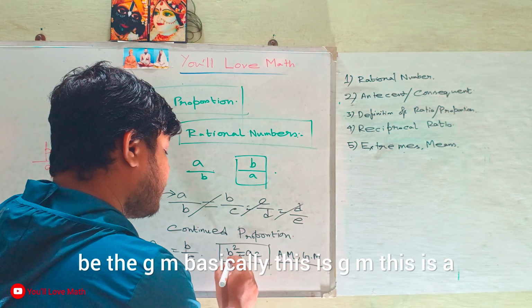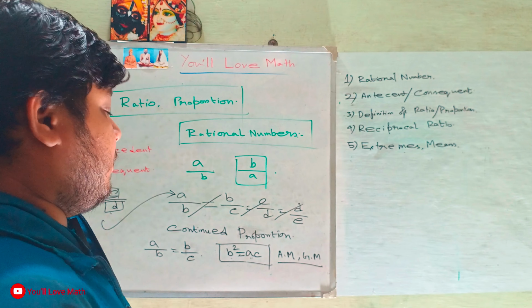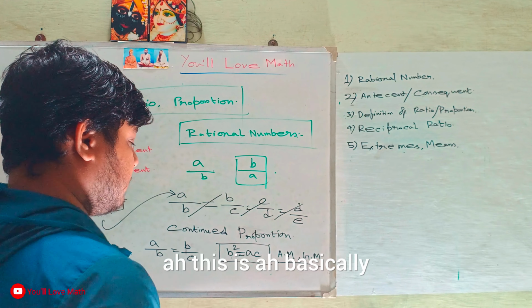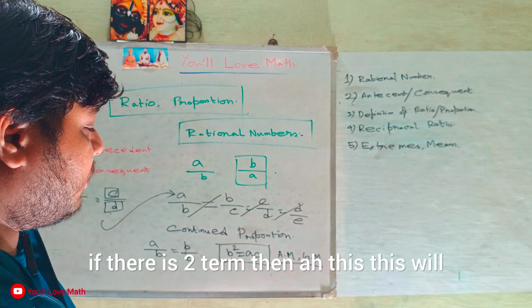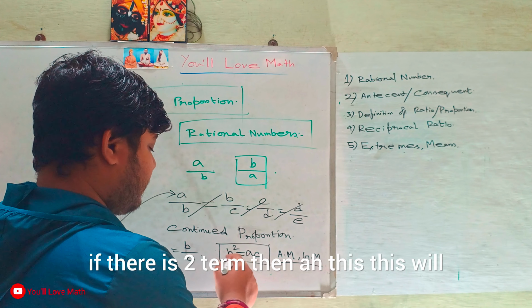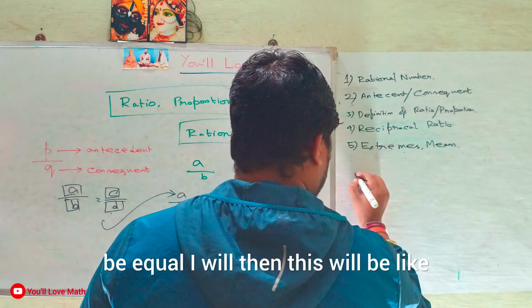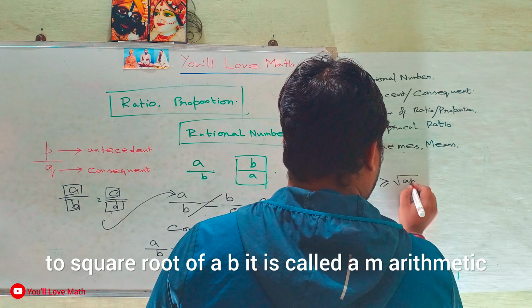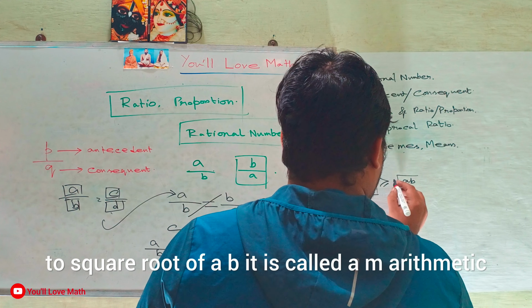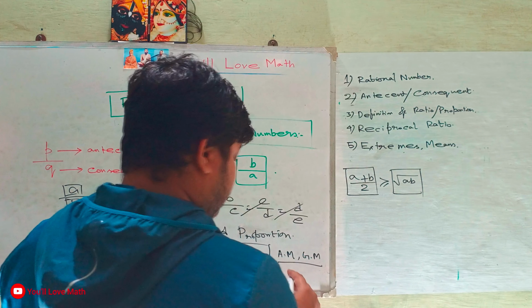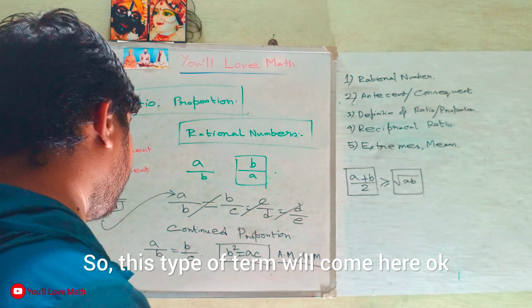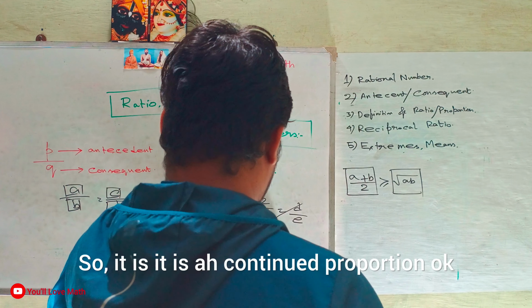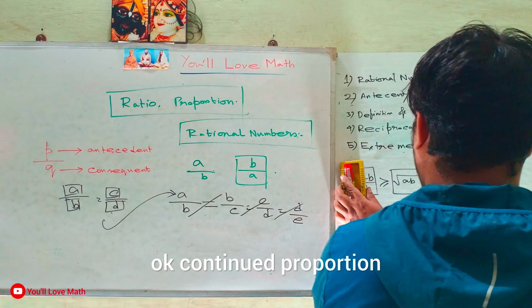If there are two terms, then (a plus b) by 2 is greater than or equal to the square root of ab. The left side is called AM, the right side is called GM. So this type of term will come here. Okay, so it is continued proportion.